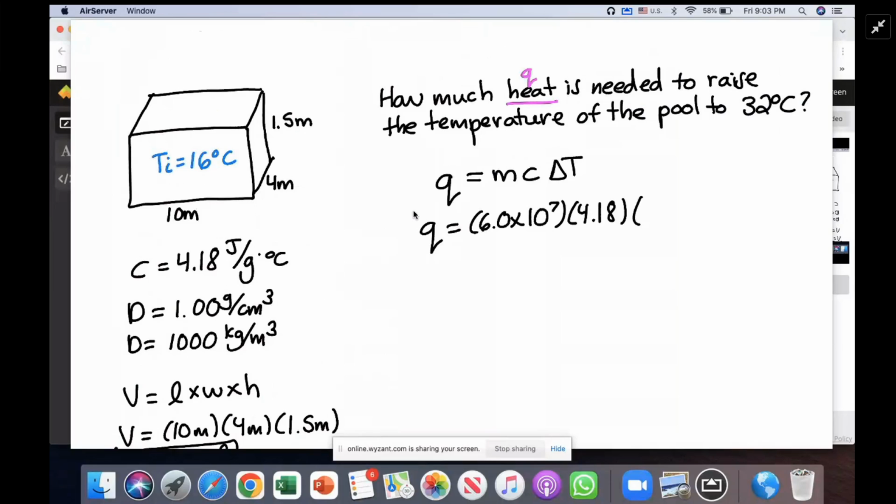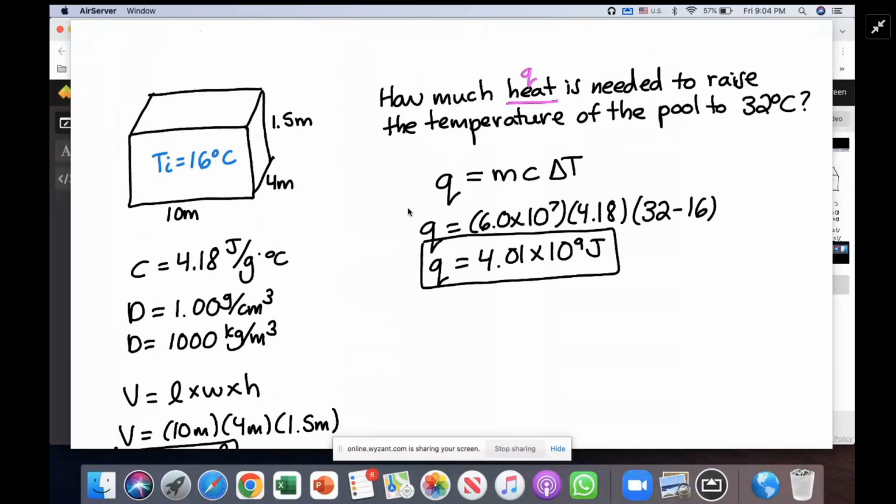It's critical that we always find the change in temperature by doing the final temperature minus the initial temperature. The final temperature is what we want the pool to be, 32 degrees C. The initial temperature is given as 16. Now we can plug it into our calculator and solve, and we get 4.01 times 10 to the 9th joules.